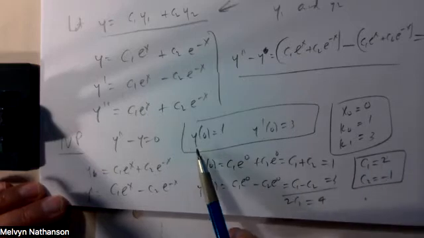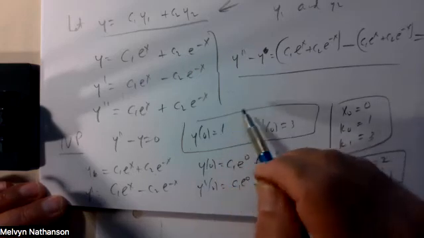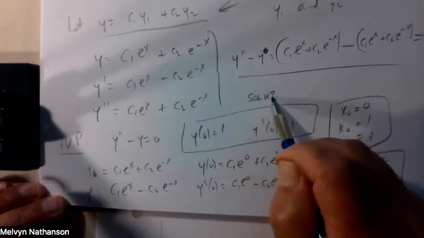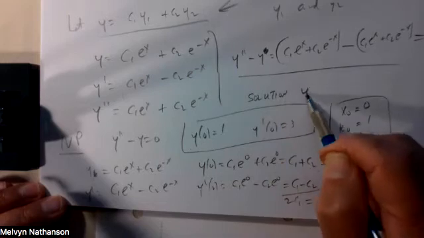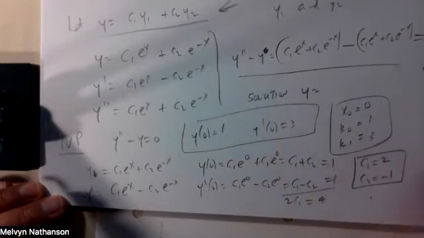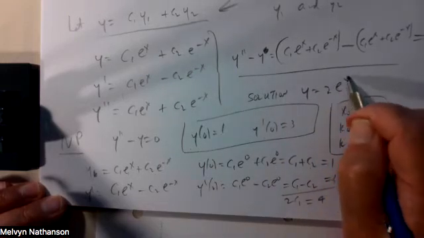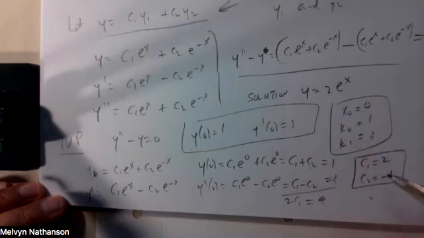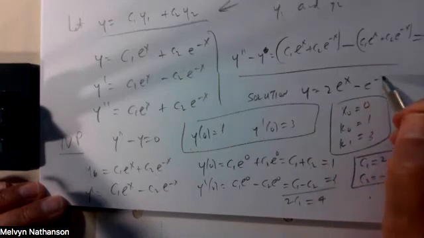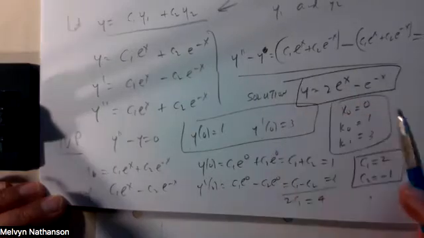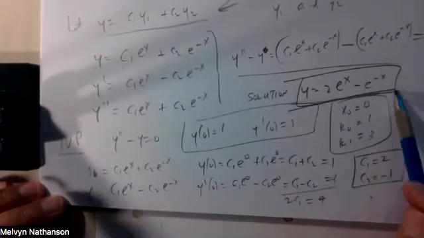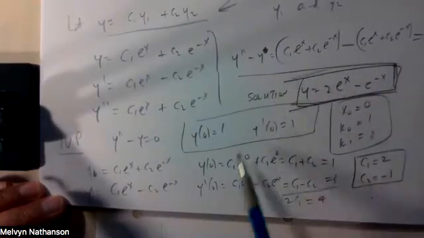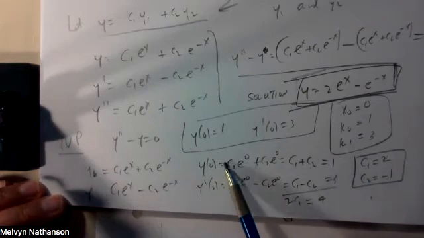So for this initial value problem, the solution is y equals C1, 2e to the x, plus C2, that's minus e to the minus x.